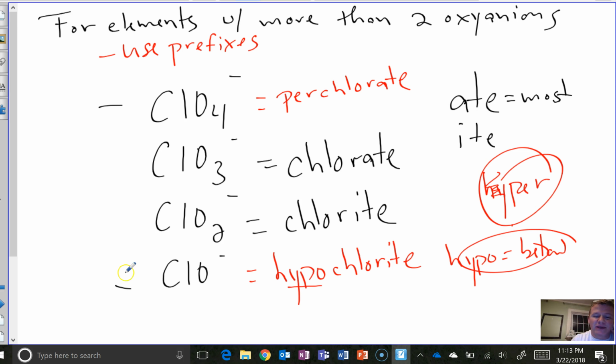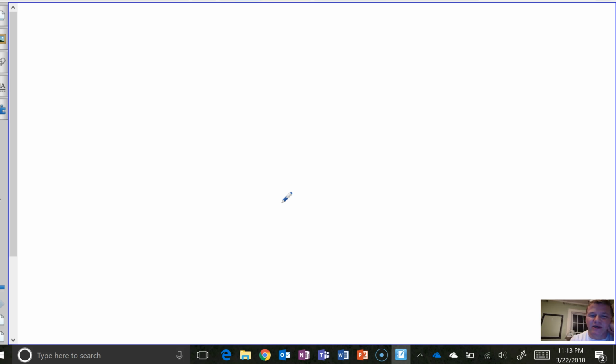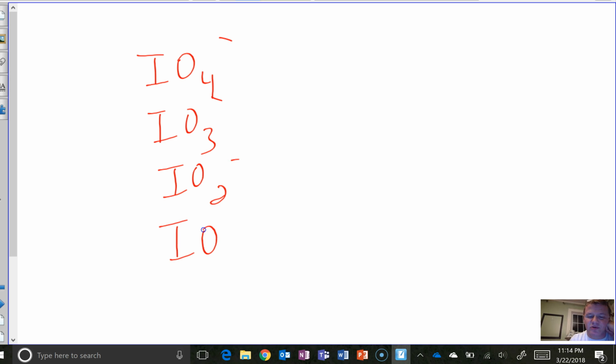Okay, so anytime we encounter situations where there are 4 oxyanions for a nonmetal, like chlorine, we have to add prefixes for the top and the bottom ones. And we see that again with iodide. And they each have a -1 charge.